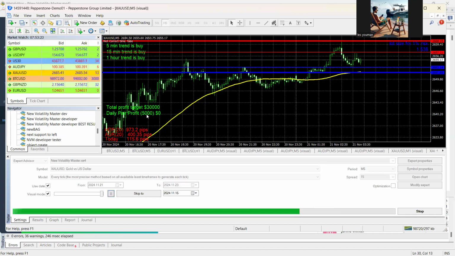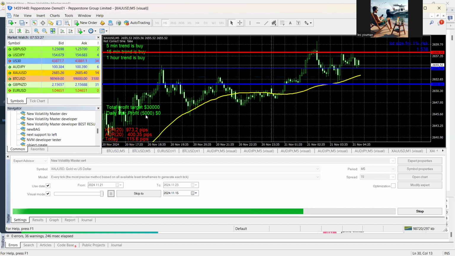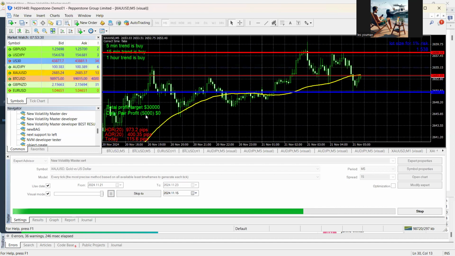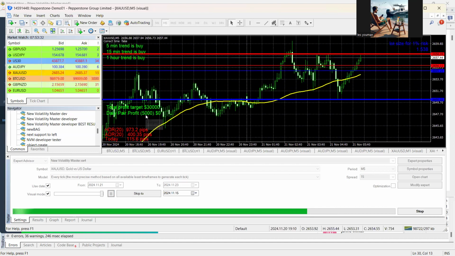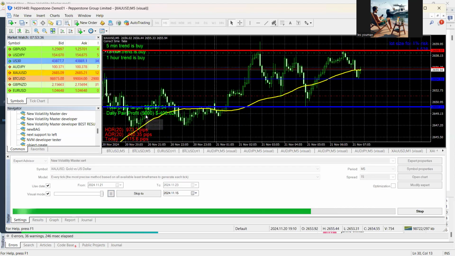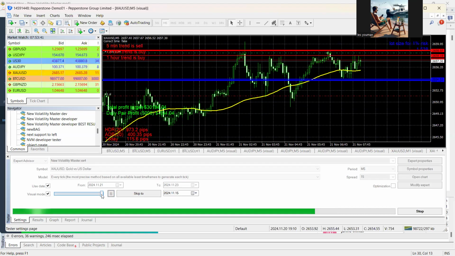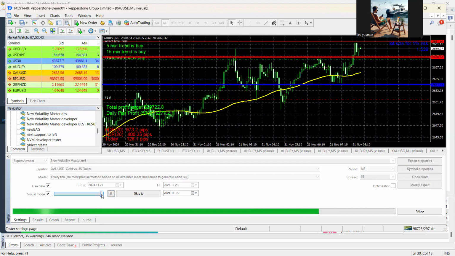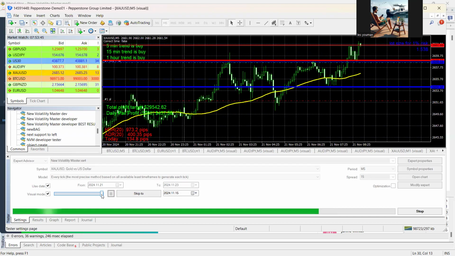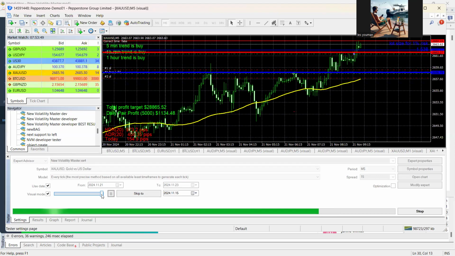It's aiming for $5,000. It'll look exactly the same and work exactly the same until it gets into that 2% profit. We're in 1% profit.